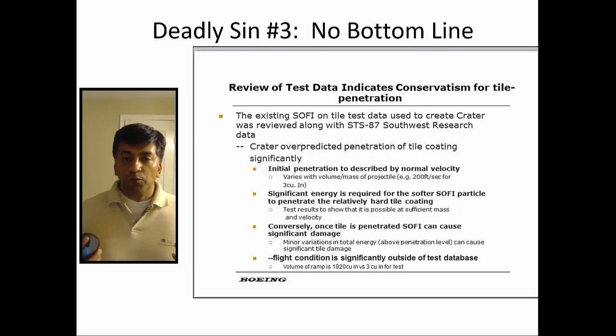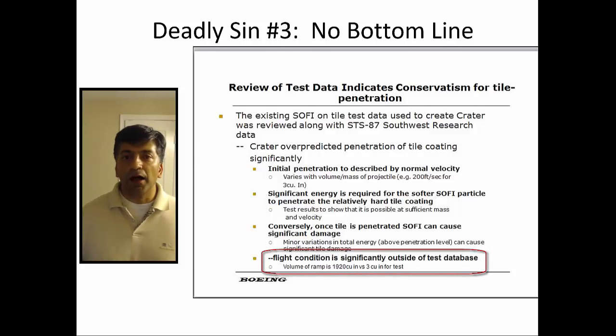The problem with this slide is that the bottom line analysis is buried all the way at the bottom. The bottom line is that bottom piece there, that the flight conditions were significantly outside the test parameter. The test tested for insulation that was 3 cubic centimeters.